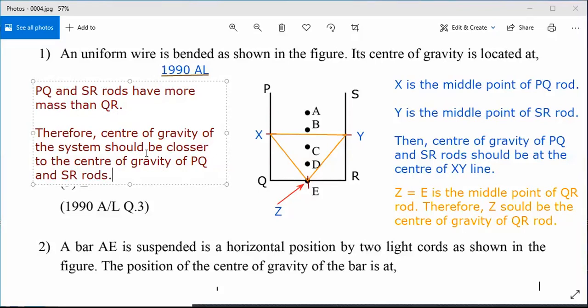So what should be the center of gravity here?